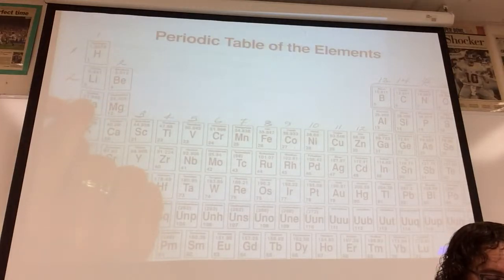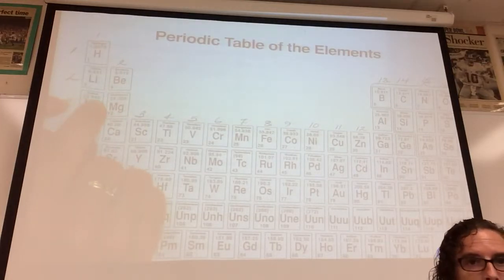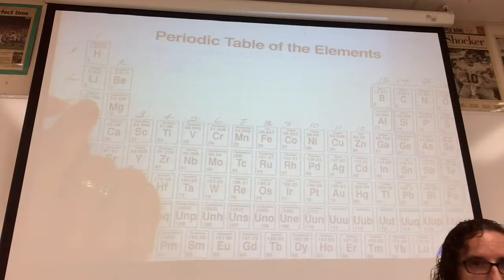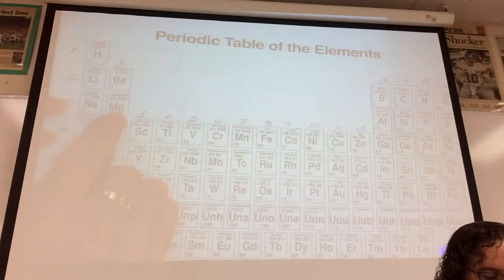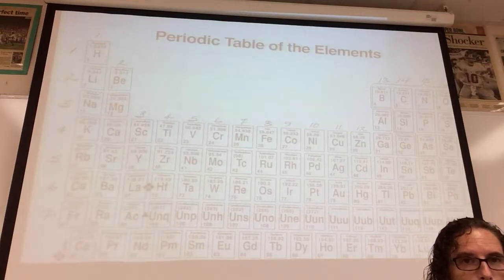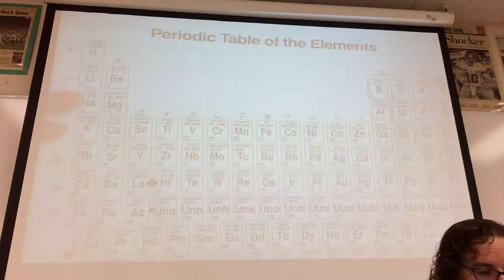So what's reported is the atomic mass. The mass number is the rounded atomic mass. So the mass number of sodium would be 23. The mass number of magnesium would be 24. So the mass number is the rounded atomic mass.